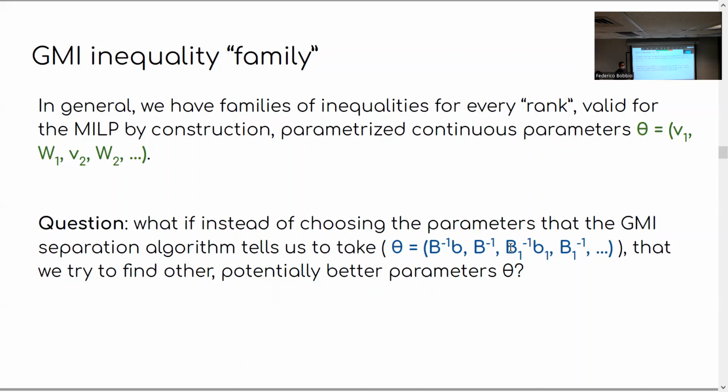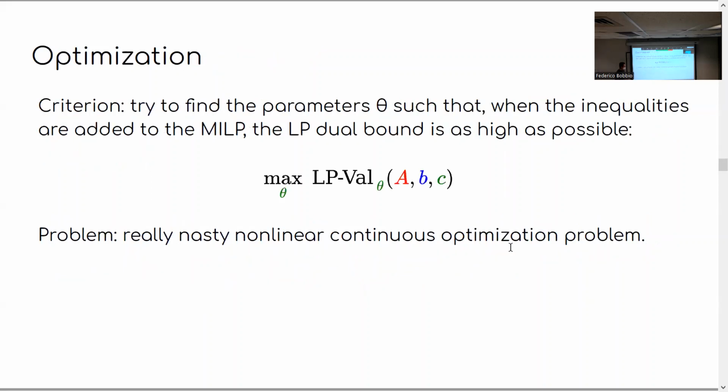The second question is, what do I mean by better? I'll make a quick definition here. I'll mean it's better if the dual bound you get after adding them into the LP is higher. That's my objective here, to get as high a dual bound as possible. Now, you can see this as a continuous optimization problem. It's unconstrained.